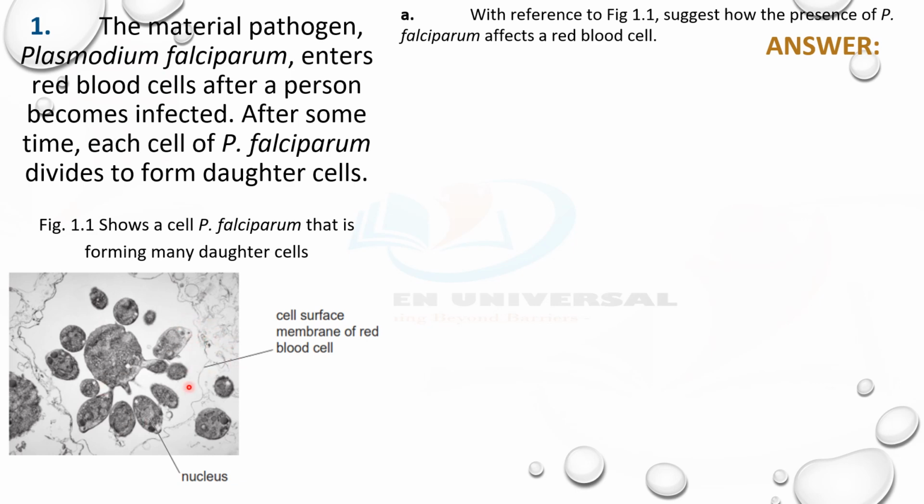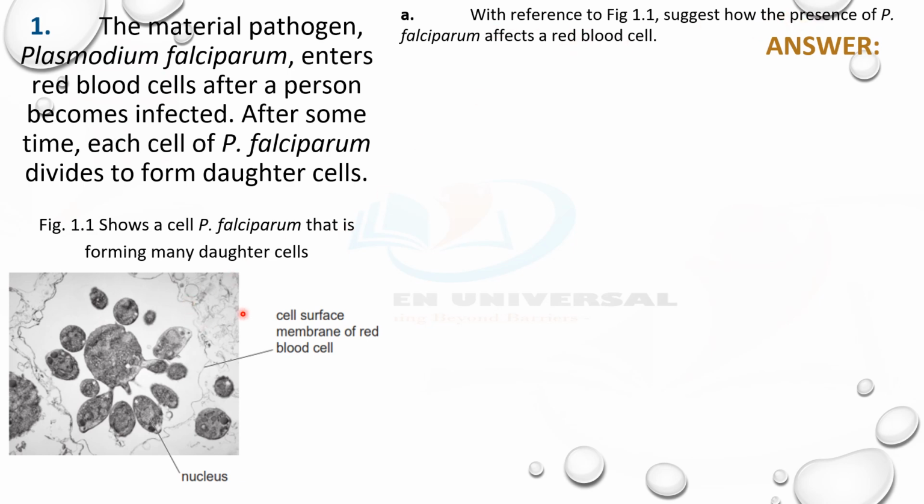One of them is the diagrams, okay? And the other one is the text. So you see they've shown us the cell membrane of the red blood cell. See the cell membrane? All right, so inside of it is this Plasmodium falciparum pathogen. Okay, see it multiplying, dividing, having a nice time, okay? Dividing. So the question says, with reference to Fig. 1.1, suggest how the presence of P. falciparum affects the red blood cell.